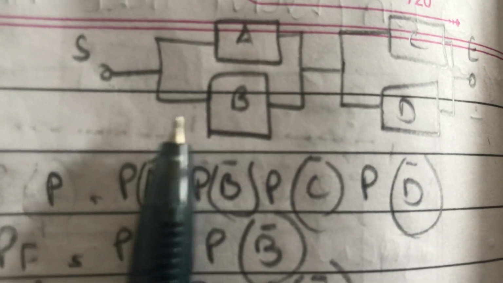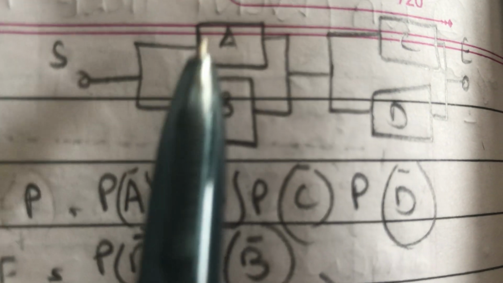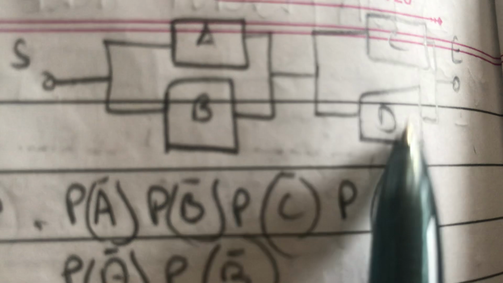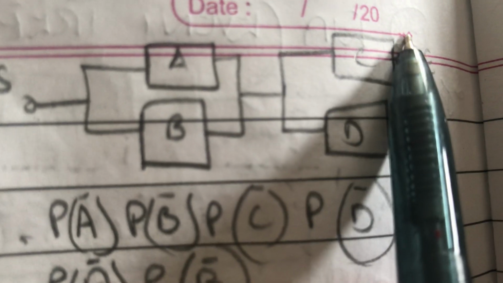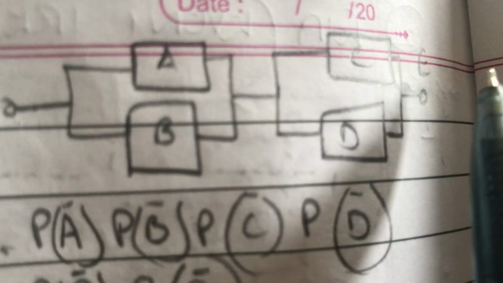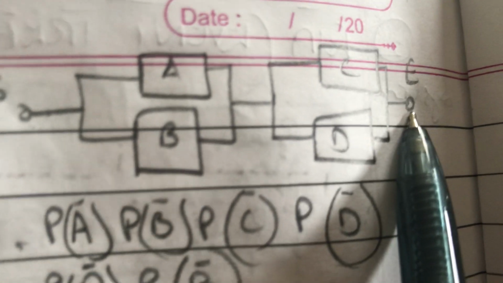The same way, if this parallel is not working and this is working, the input that comes from here will go here, and if they both are not working, there would be no output at the end and our system would fail.